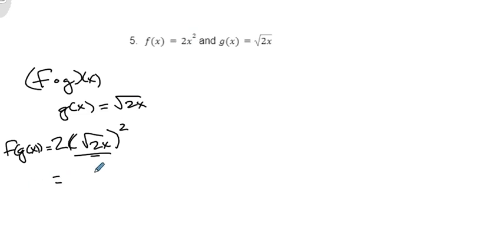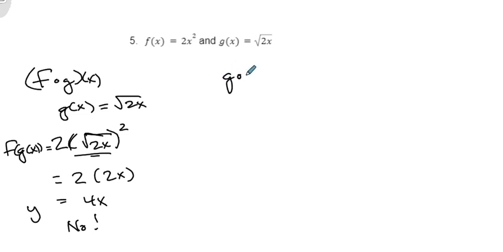So you get 2 times the square root of 2 squared and the square root of x squared, which gives you 2 times 2x. Whenever you have the square root of something and you square it, you get whatever is under that radical. And so you get 4x. This is another case where you can stop and say no, they're not inverses of each other.